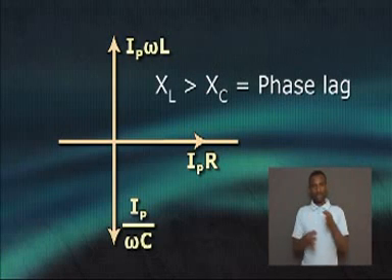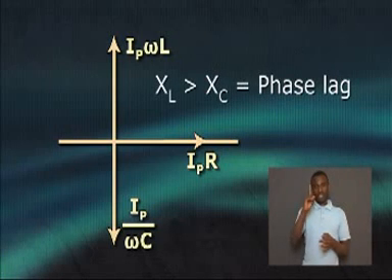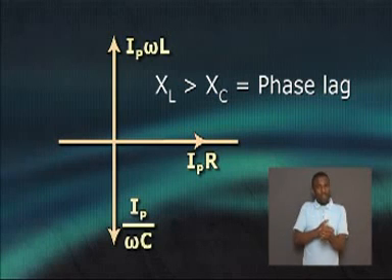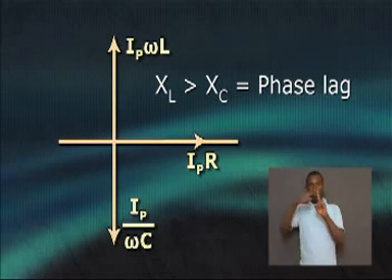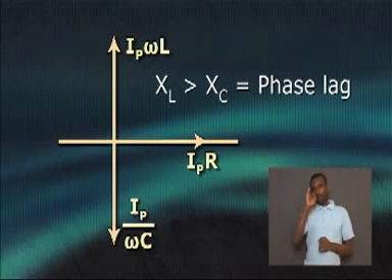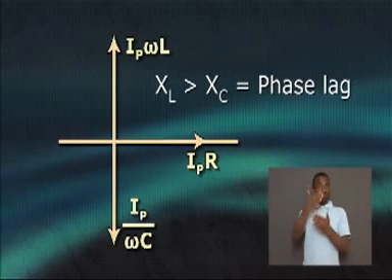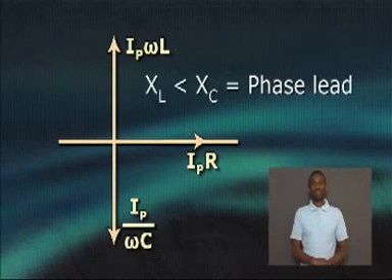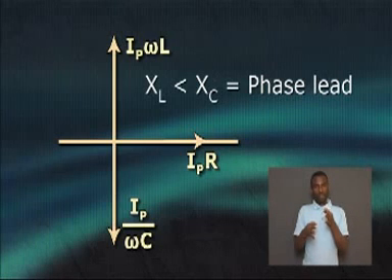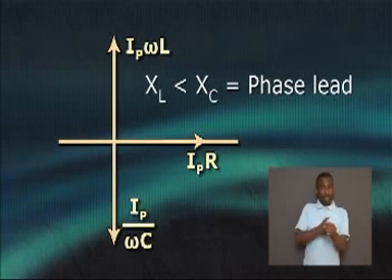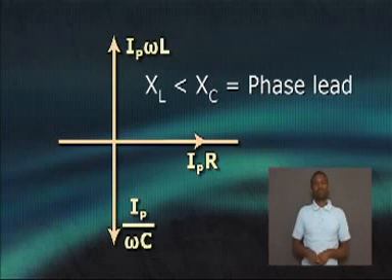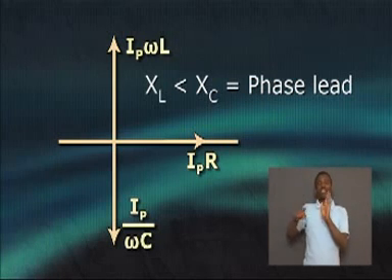If the inductive reactance is greater than the capacitive reactance, the phase angle is positive, so current lags behind voltage. If the inductive reactance is less than the capacitive reactance, the phase angle is negative.